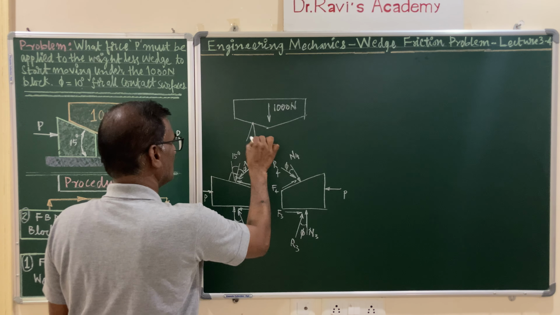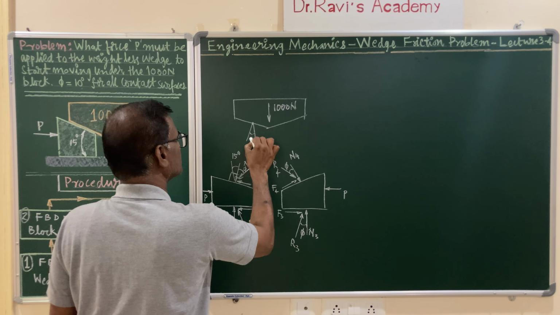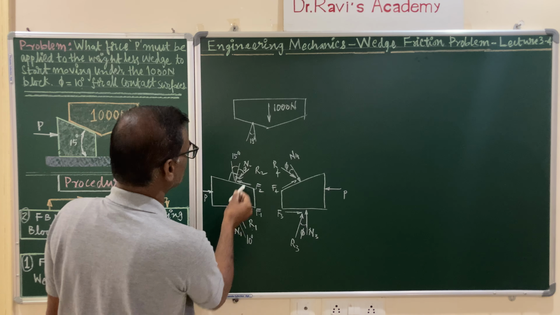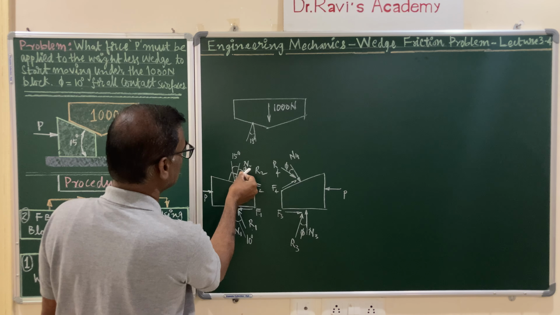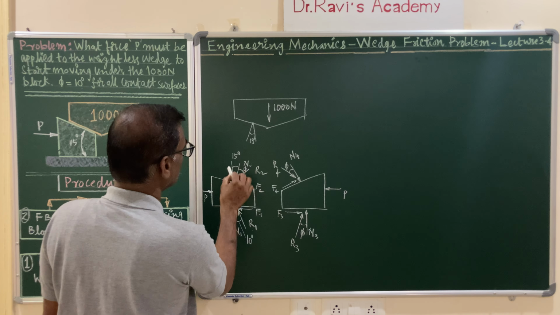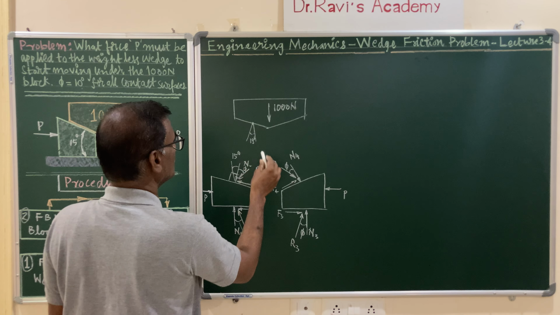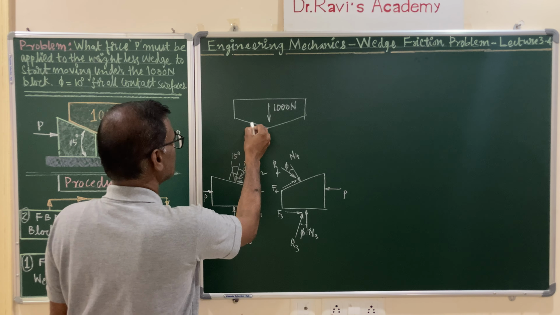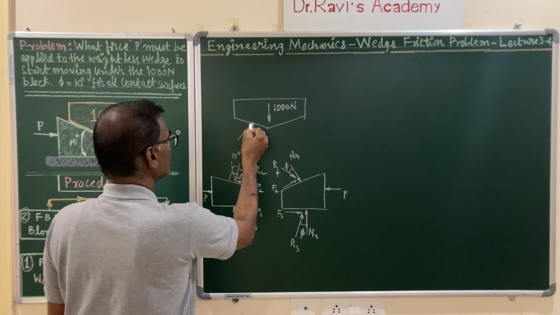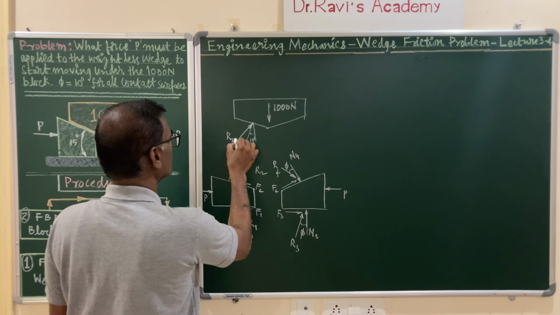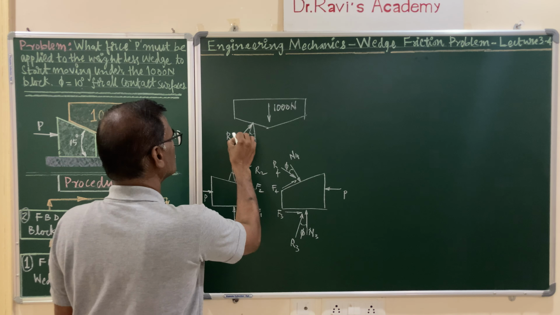This angle, as you know from geometry, is 15 degrees, and this force, observe, R2 is inclined at an angle with vertical of 15 plus 10, 25. So you can mark R2 at an angle of 25 degrees.